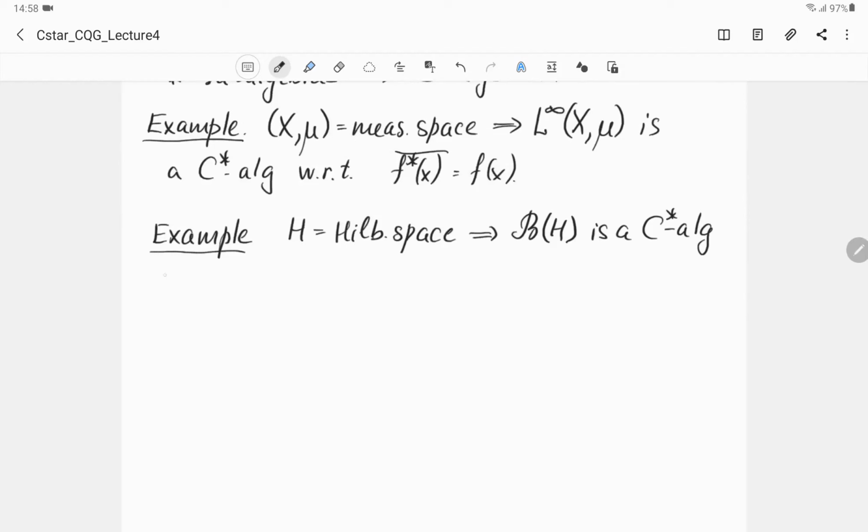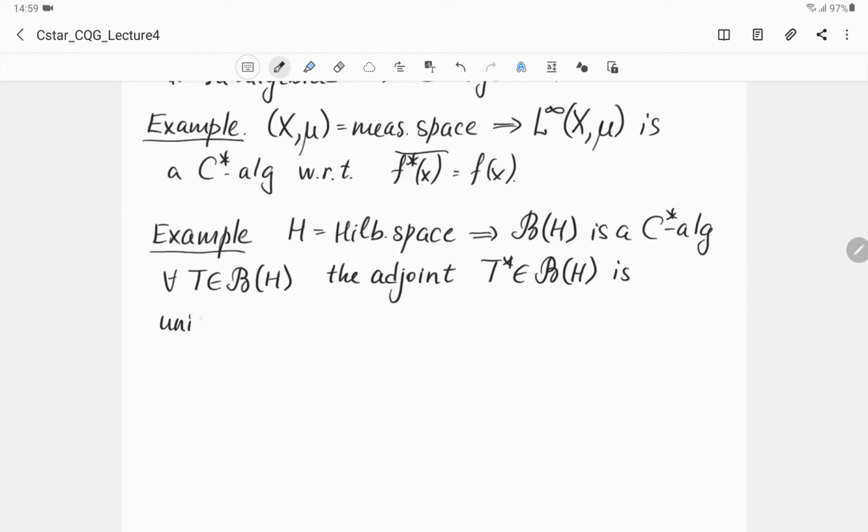So let's recall that for each bounded linear operator T on H, the adjoint of T, T star, is a linear operator which is uniquely determined by the following identity: the inner product of T star x and y equals the inner product of x and Ty for all x and y in our space.